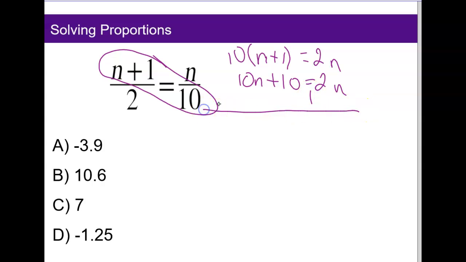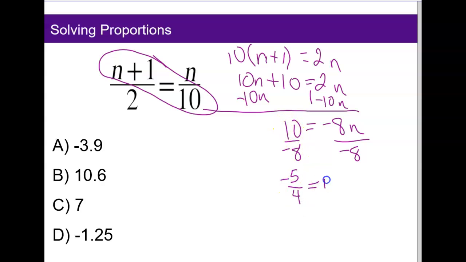Well, I've got only the constant on the left side, so let me get rid of the variable term on that left side. 10n minus 10n is just 0n, so I'm left with 10 on the left equals negative 8n. Divide both sides by negative 8, and I get negative 5 over 4 is equal to n. That is D, negative 1.25.